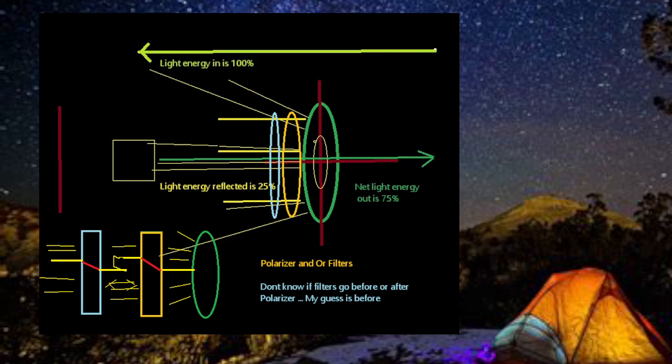When you put the filter in, that's going to lessen the amount of noise. You put the polarizer in, that's going to lessen the amount of noise and increase the signal. So I think that's what's going to happen. But still, you lose light going through all of this.